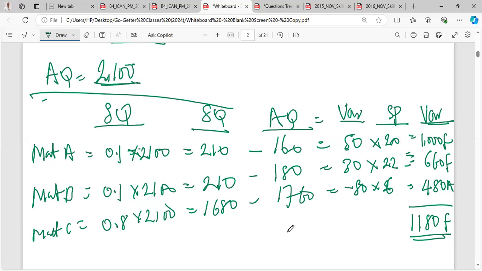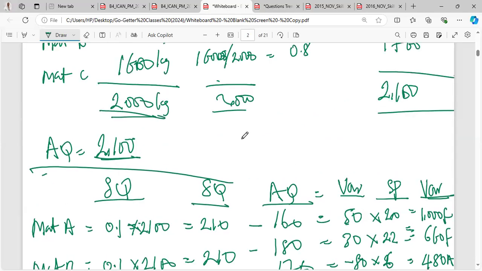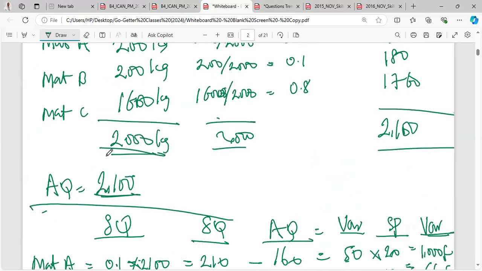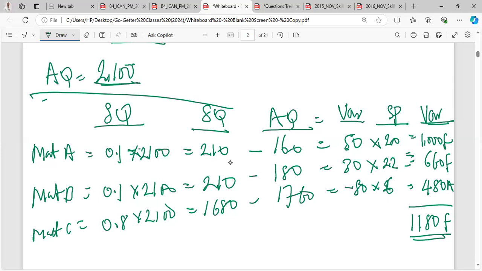We look at the standard mix and we look at actual quantity standard mix.